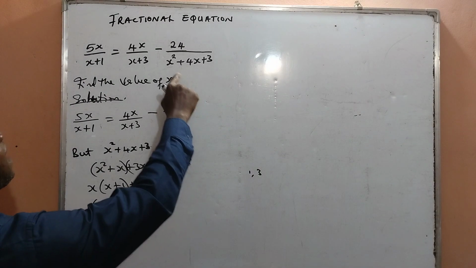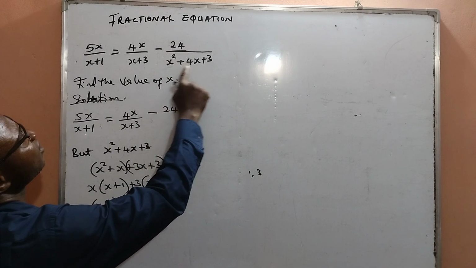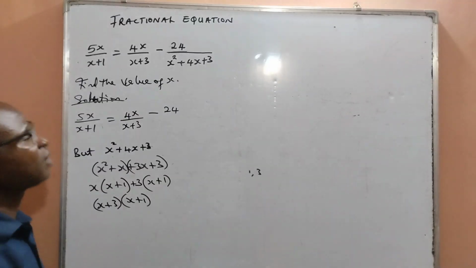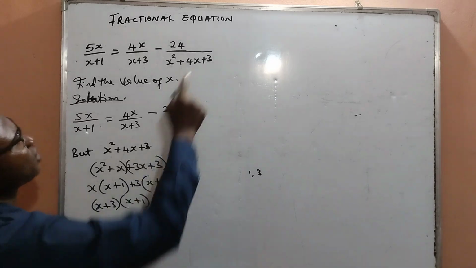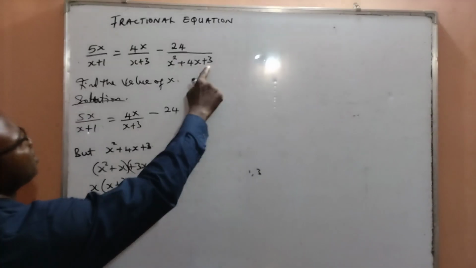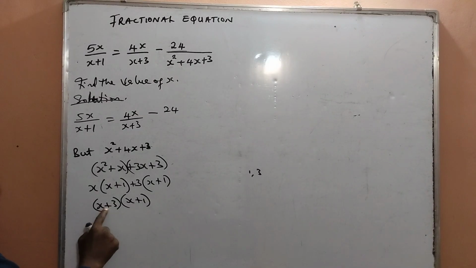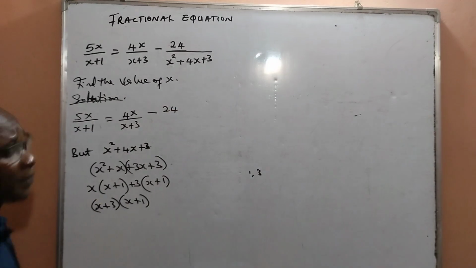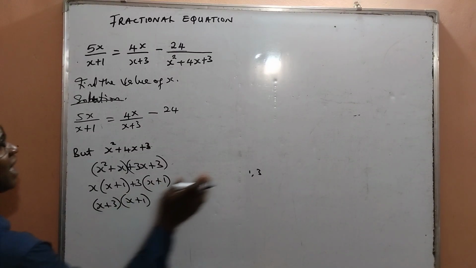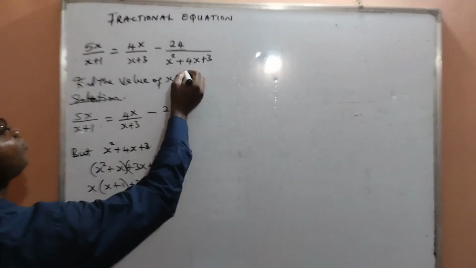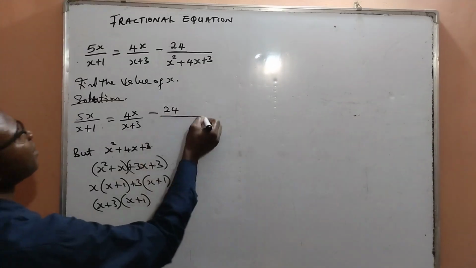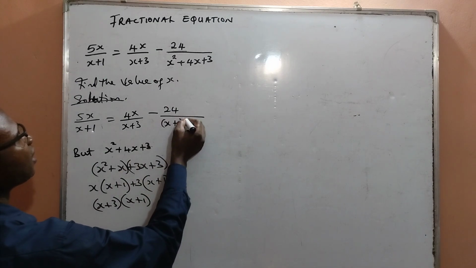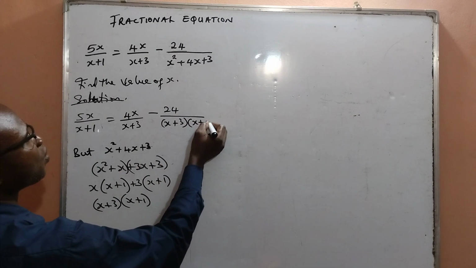Very good. I have factorized the denominator here, which is a quadratic expression. I got x plus 3 into x plus 1. So I'm going to replace it here with the factorized form, written as x plus 3 into x plus 1.